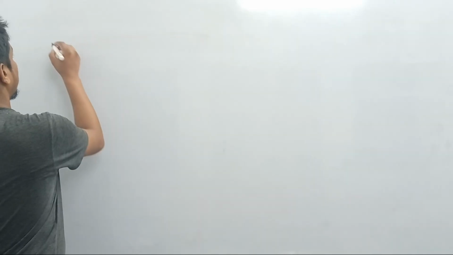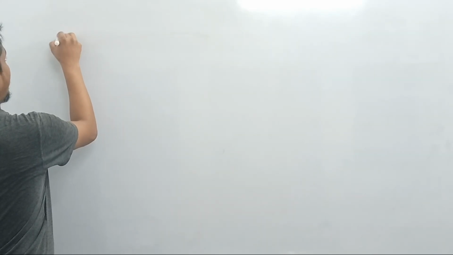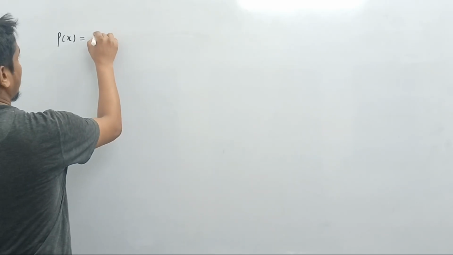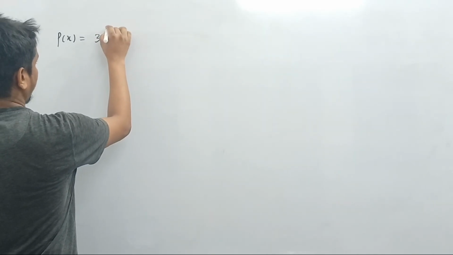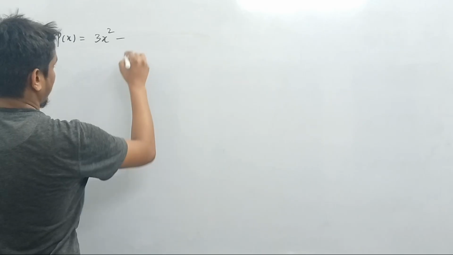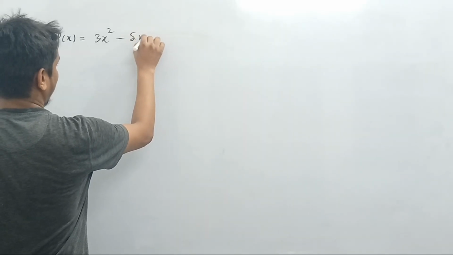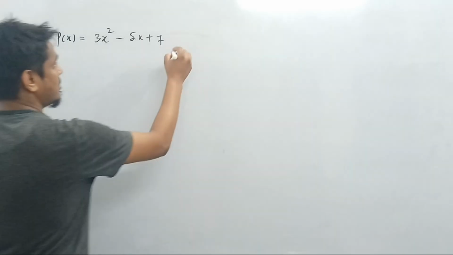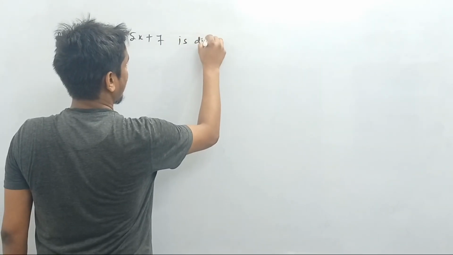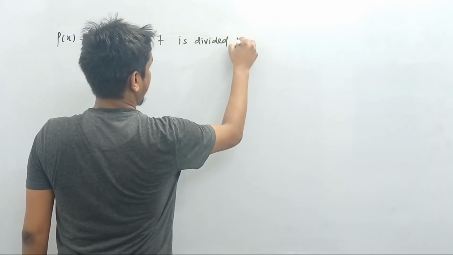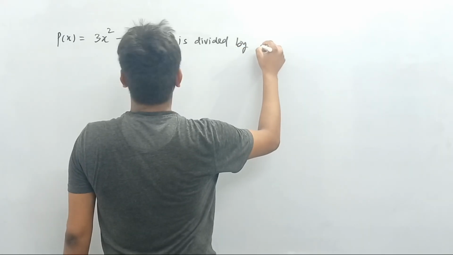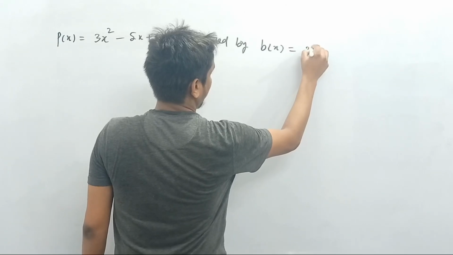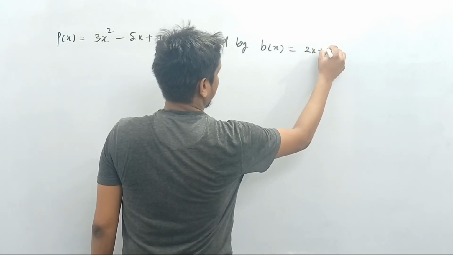Now suppose p(x) is equal to 3x² minus 5x plus 7 is divided by g(x) equal to 2x plus 7.